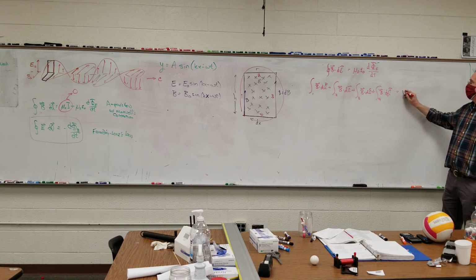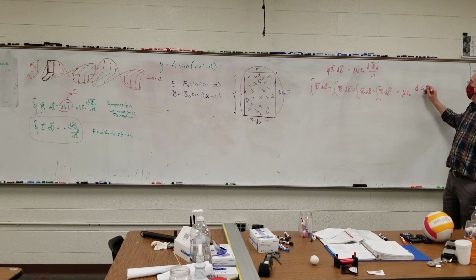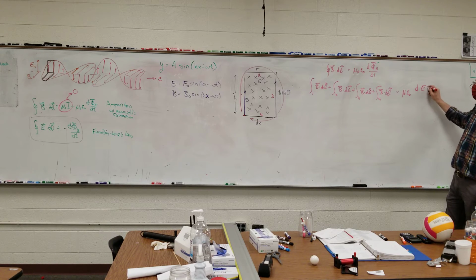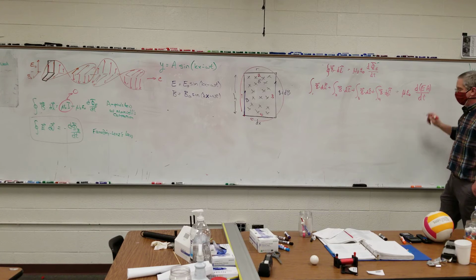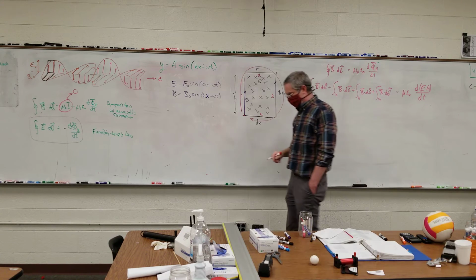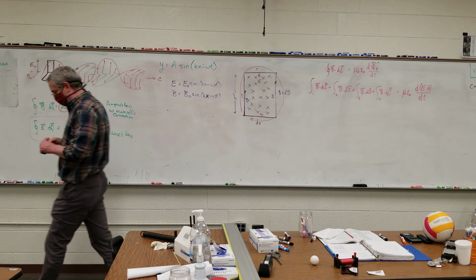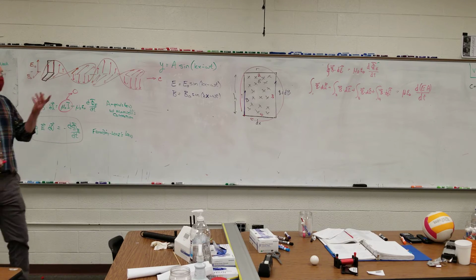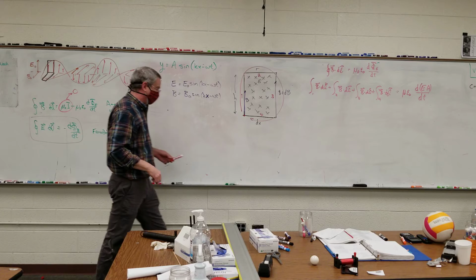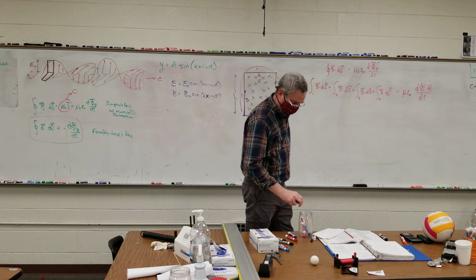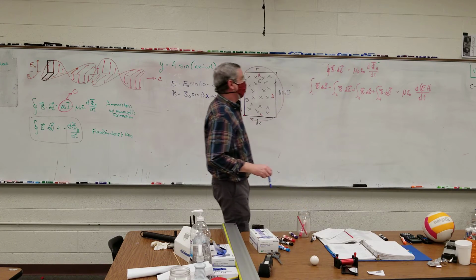And that's going to be equal to mu naught epsilon naught dE dt. Same rationale I had before, just making it B and E in the last case. Questions here?